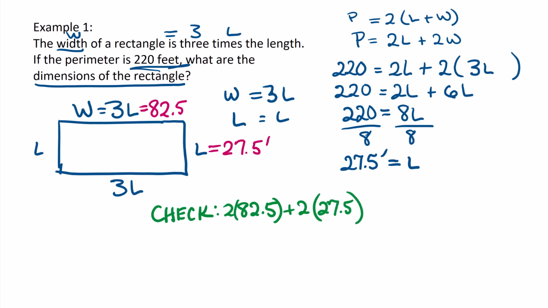And so we want to make sure that this is equal to 220. And so when I put that in my calculator, I do indeed get 220 feet. So this is our final answer. And just make sure that you have little feet marks there, or you can write FT.